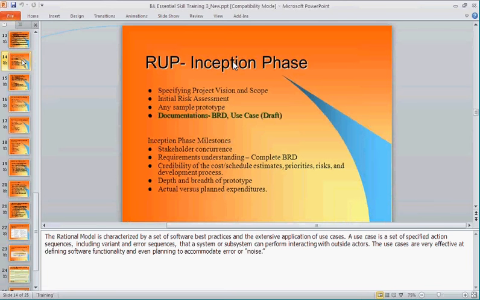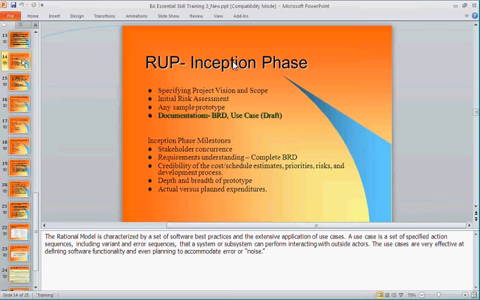So that's another piece. So expensive, for sure. What else? It is also very document-centric, right? You have so many different things to do. You're doing all of those activities per iteration, per phase.